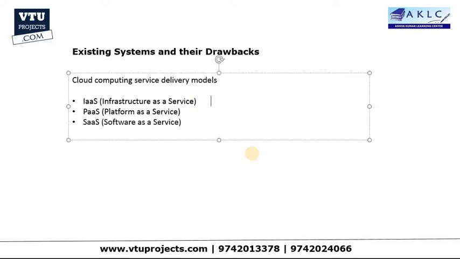Okay, so what do we mean by infrastructure as a service? As the name itself indicates, the infrastructure will be provided to you over the cloud. For example, 8 GB RAM, or for example 40 GB storage space.